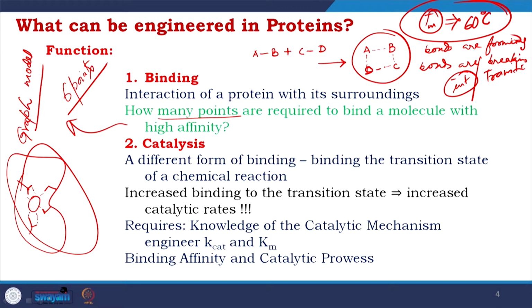Transition state is very important because binding of a substrate with an enzyme in its transition state shows the intrinsic property of the enzyme. Why is intrinsic property so important? Because sometimes nature does evolution, we will talk about that. Nature makes changes in protein because of many reasons.